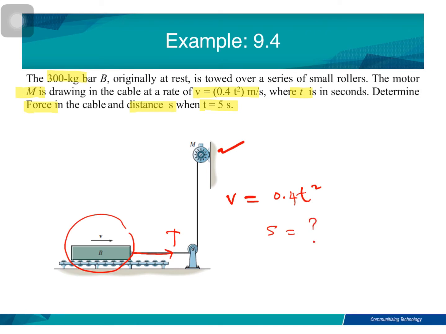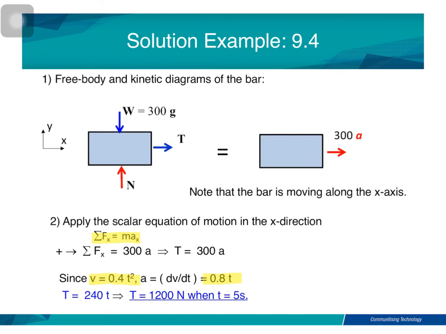As usual, you have 4 steps. What is step number 1? Step number 1, we need to sketch the coordinates. So we have here x and y, and then we need to draw the free body diagram and kinetic diagram. So here, what are the forces involved? What is the external force?